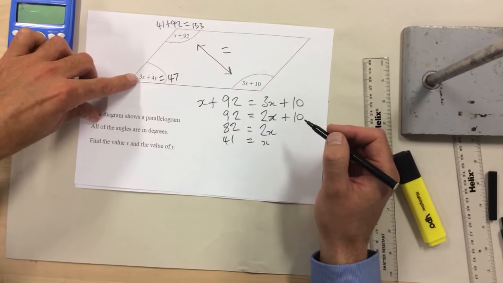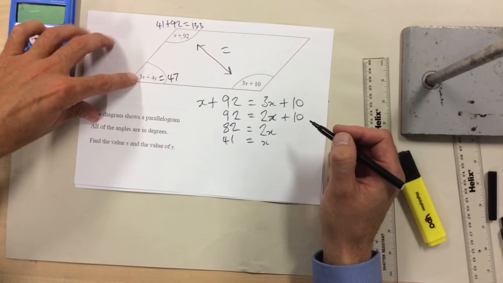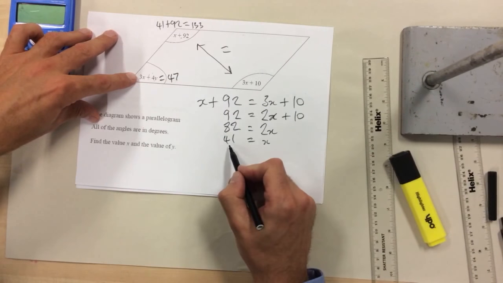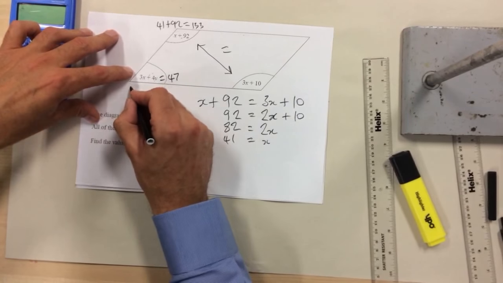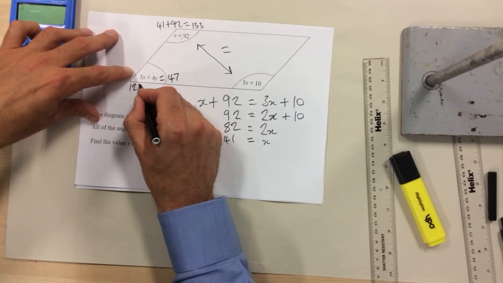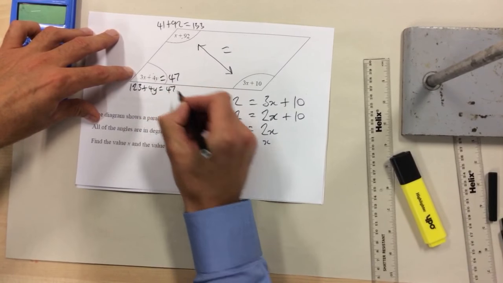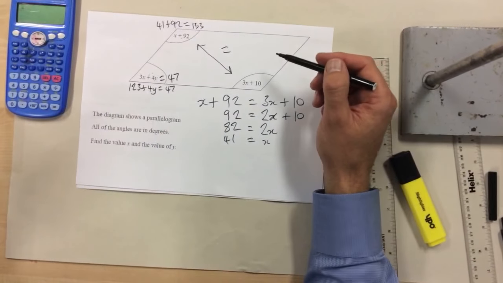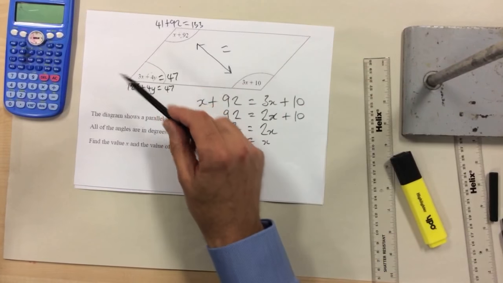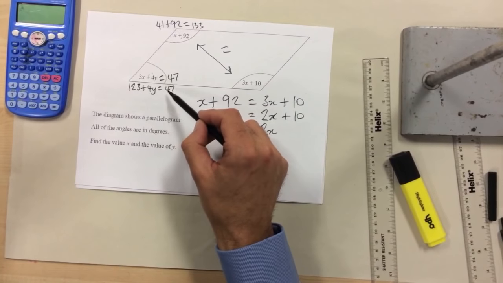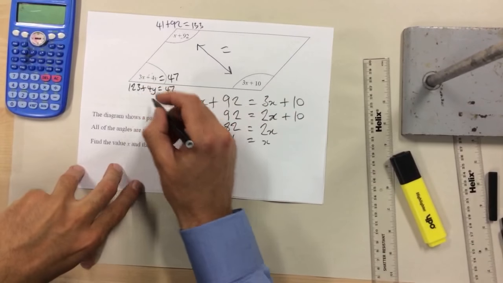And remember that we know the value of x already, so we know that 3x is 3 times 41, which gives me 123, plus 4y equals 47. So at this point we realise that y must be negative, because we're adding 123 to it and ending up with 47.